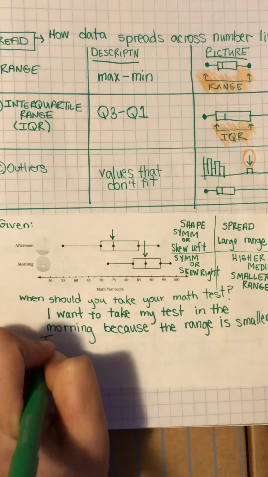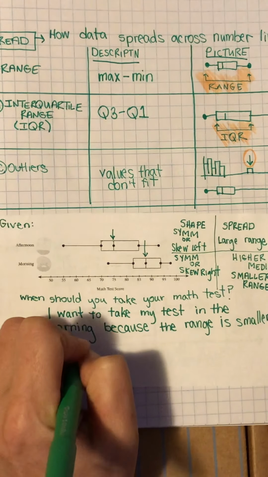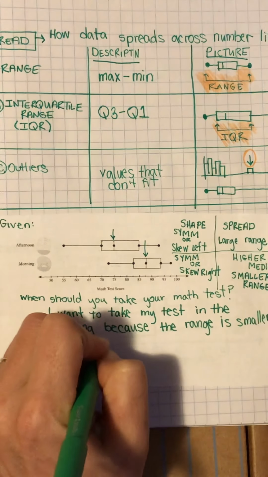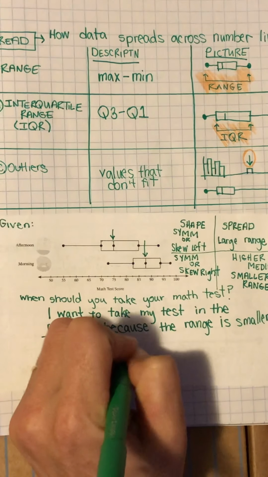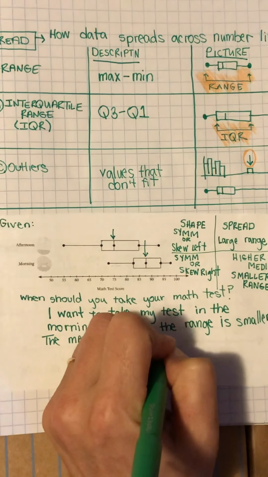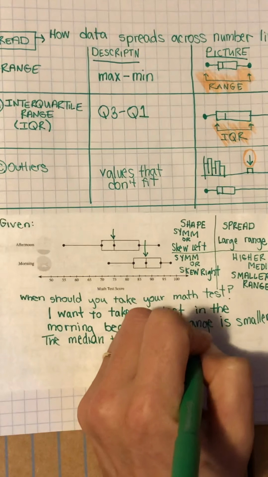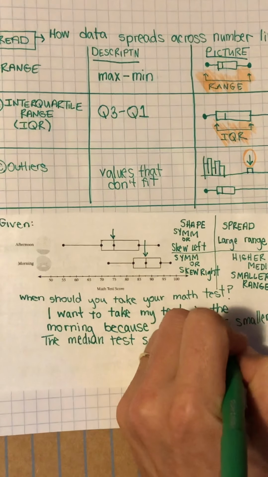The median is also higher, or the median test score is higher in the morning.